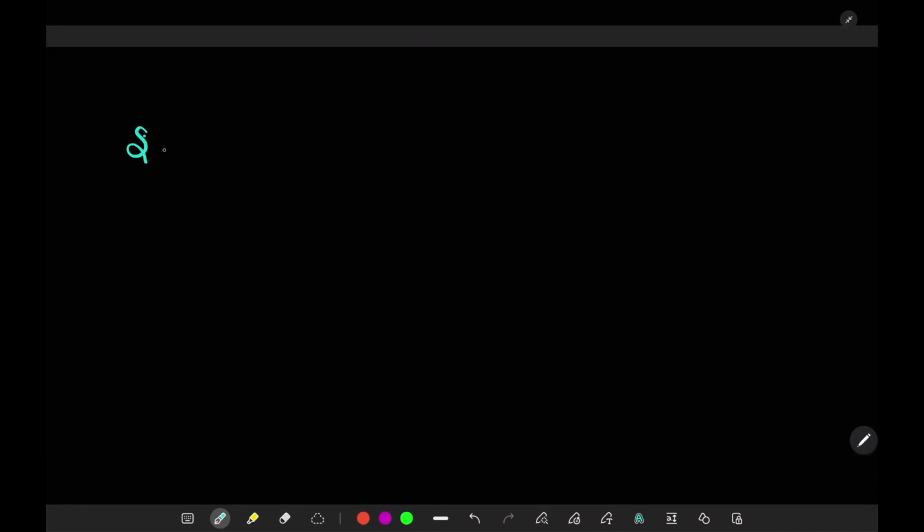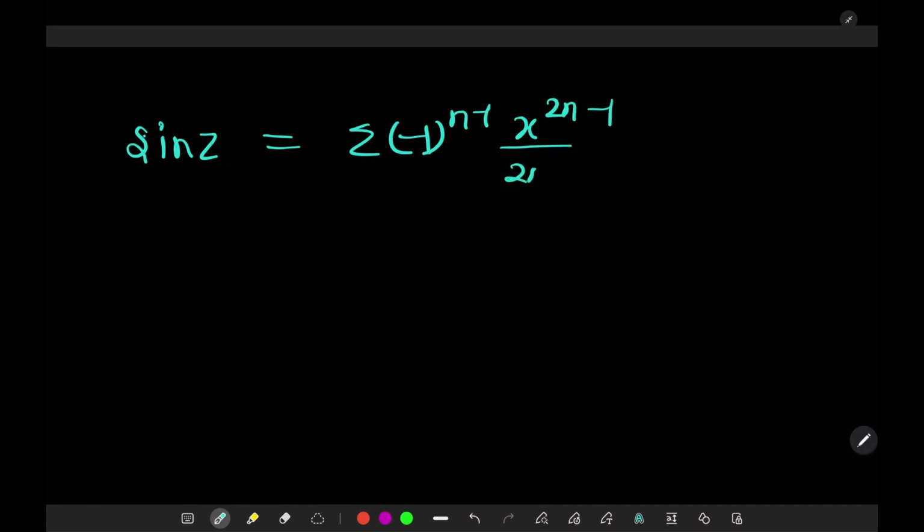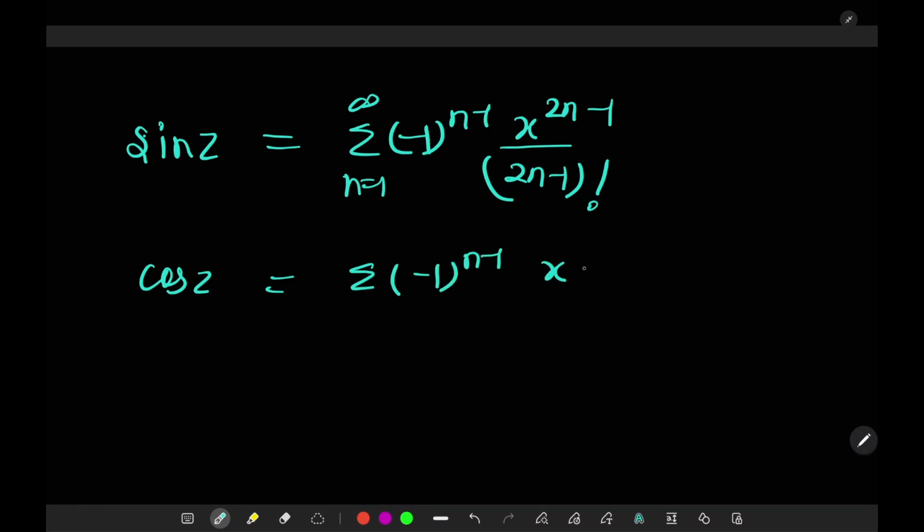Now for sin z, you can write in summation form minus 1 raised to power n minus 1 x raised to power 2n minus 1 divided by factorial 2n minus 1, for n equals to 1 to infinity. And similarly for cos z, you can write minus 1 raised to power n minus 1 x raised to power 2n minus 2 divided by factorial 2n minus 2.